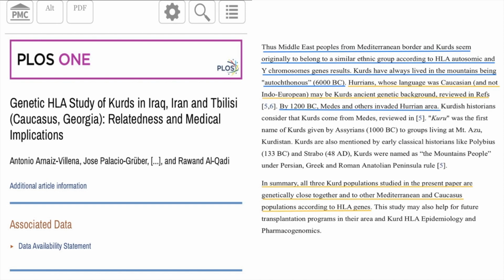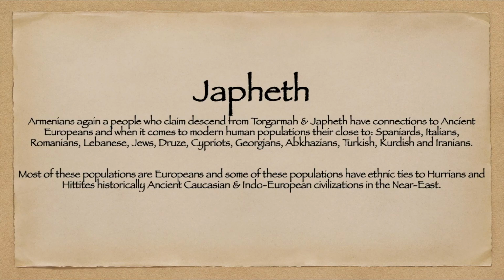We're going to read what's in yellow down below. In summary, all three Kurd populations studied in the present paper are genetically close together and to other Mediterranean and Caucasus populations according to HLA genes. So, Japheth.